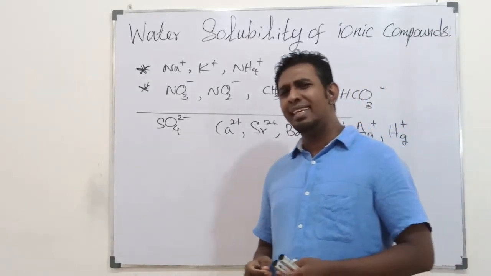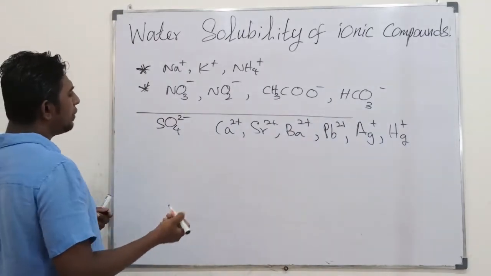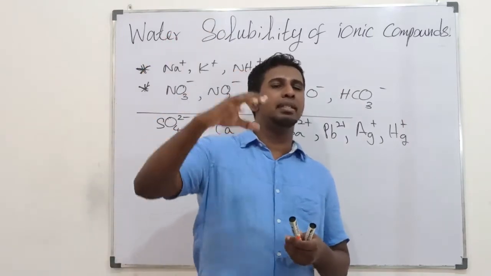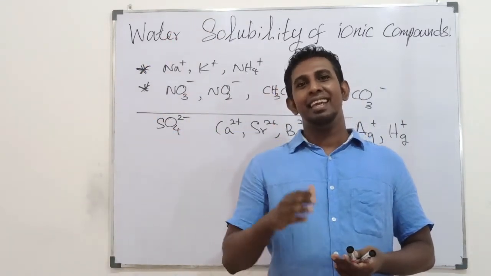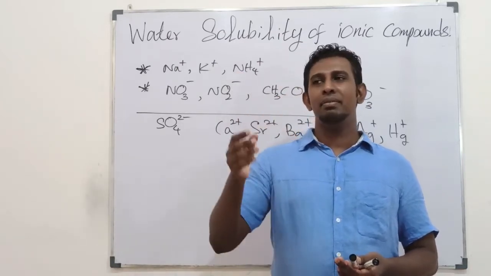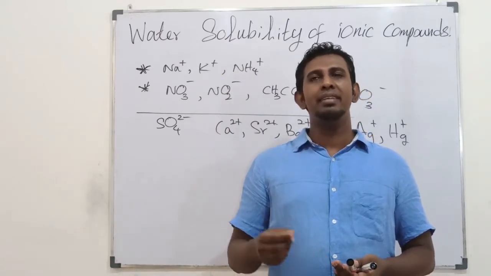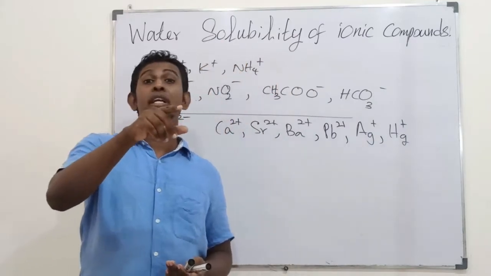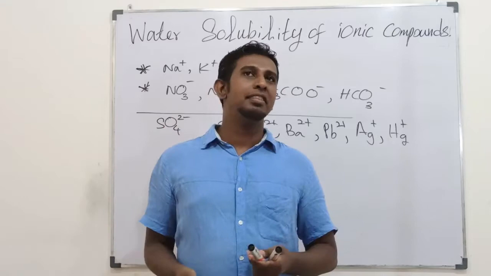Okay. Then let's check it for the halides as well. Students, when I say halides, the 17 group elements are the halogens. When they form their anions, X minus, those are the halides. Halogens, when they take an electron and form negative anions, those are halides. Fluorine forms fluoride, chlorine forms chlorides, bromine bromides, iodine iodides.